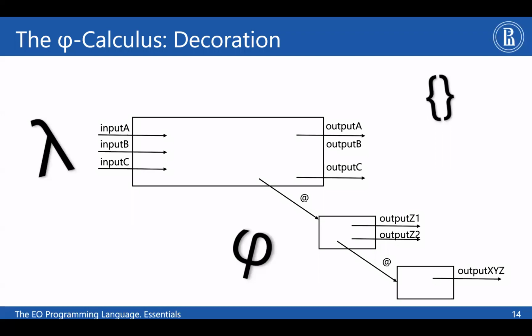Here we can see it. Here our top object decorates this smaller object, which in turn decorates this object. Because of decoration, this object now has output XYZ because it broadens its set of parameters, its set of attributes by decoration.